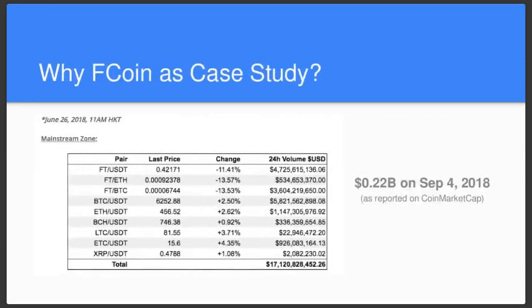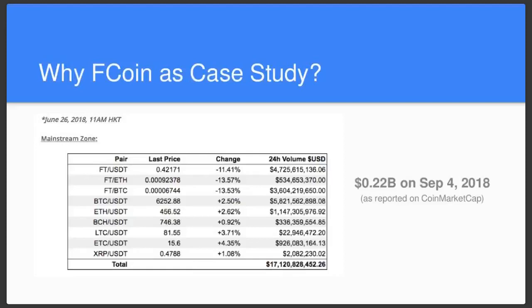Why do I want to use FCoin as a case study? First of all, its incentive program is so effective that within 2 weeks of launching the FCoin transfer mining incentive program, the daily trading volume on FCoin reached 70 billion plus US dollars.